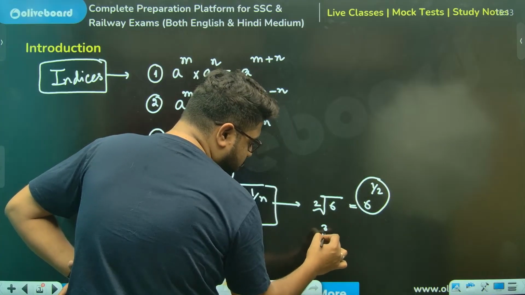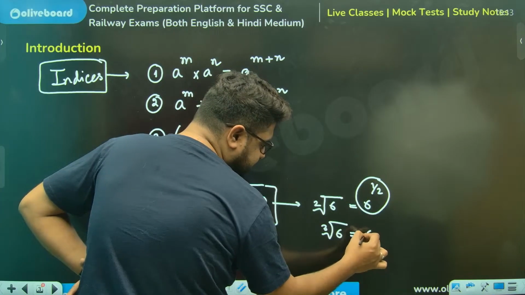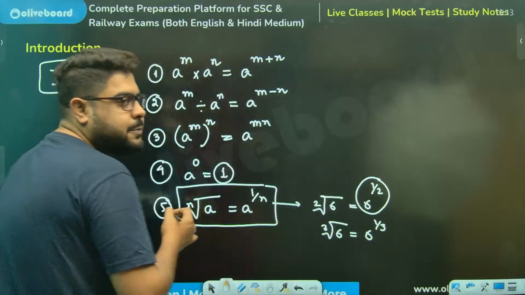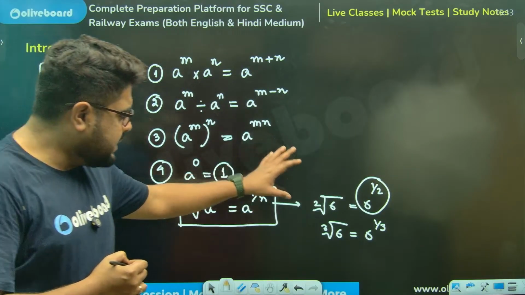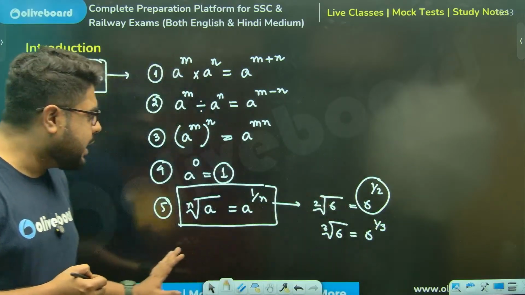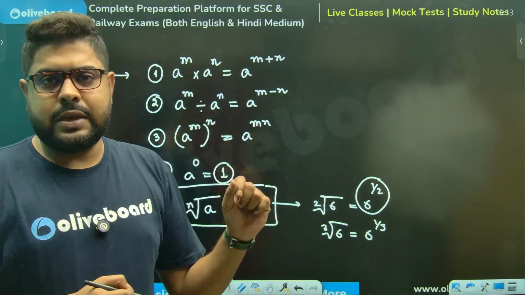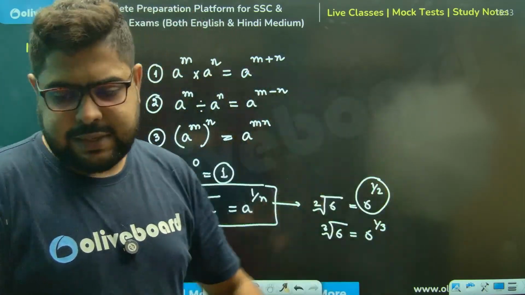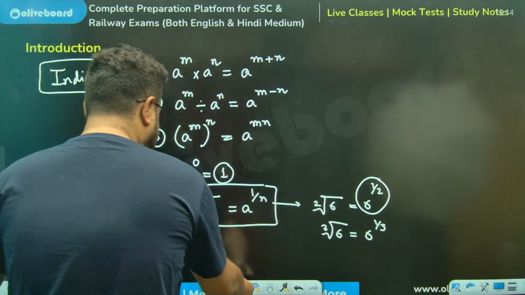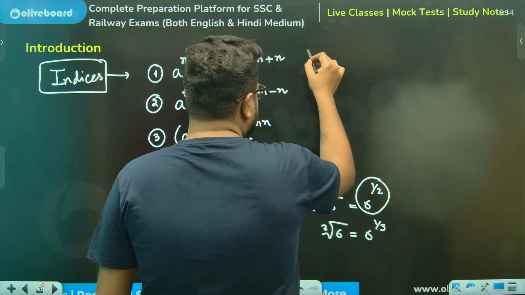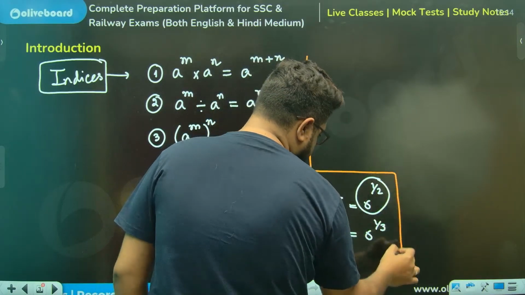If I say cube root of 6, this means 6 to the power 1 divided by 3. These are the basic things; I'm not getting very deep into them because we know them. But there are a couple of conceptual things which we will discuss.